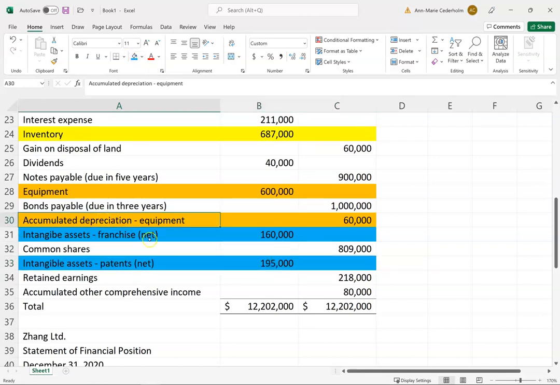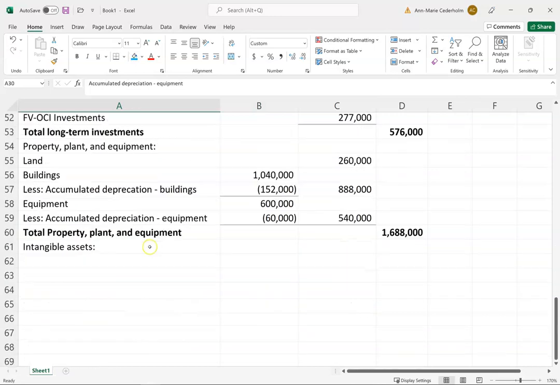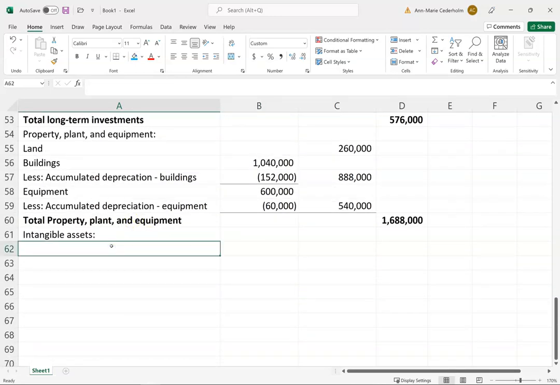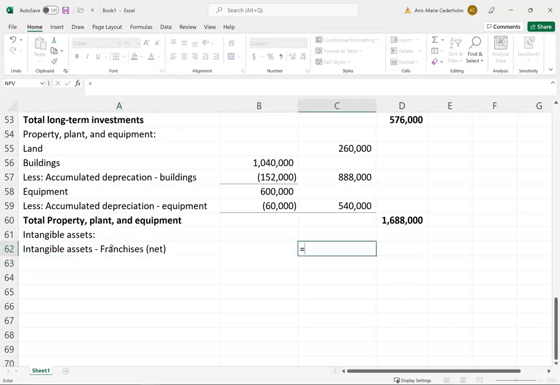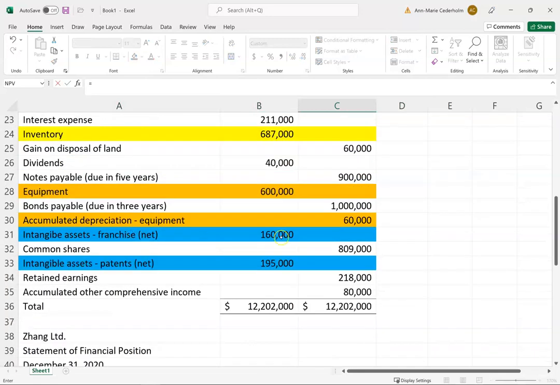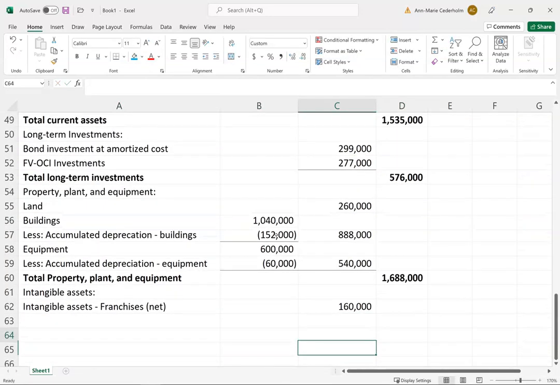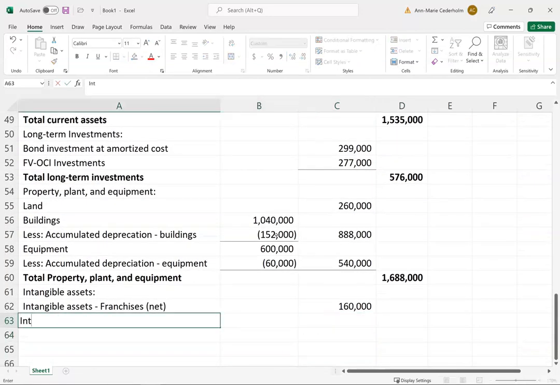Okay, that's perfect. So I'm going to bring those ones down. So intangible assets, franchises. And that was 160. And then my intangible asset patents.